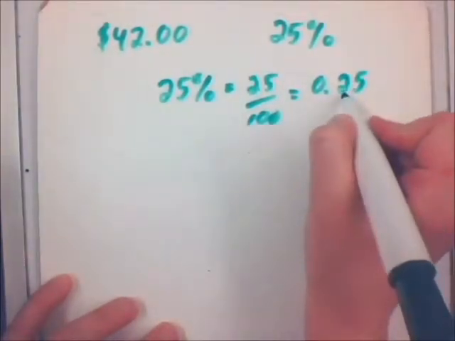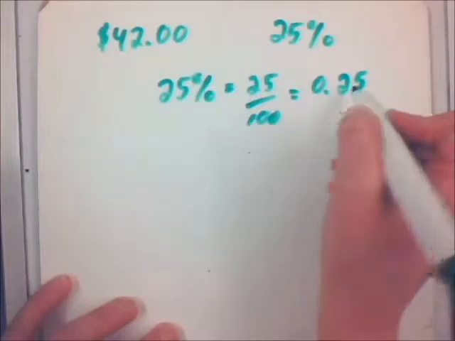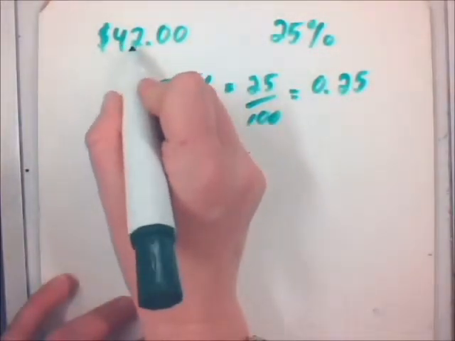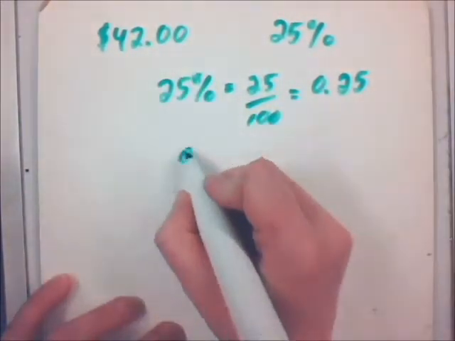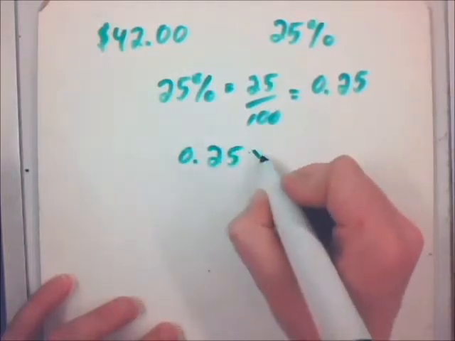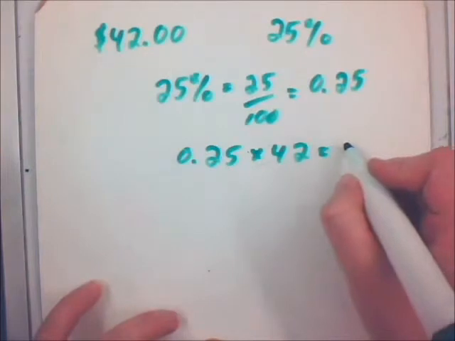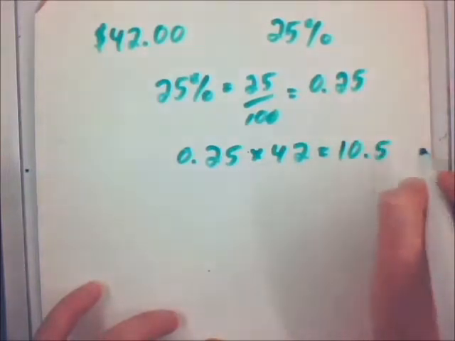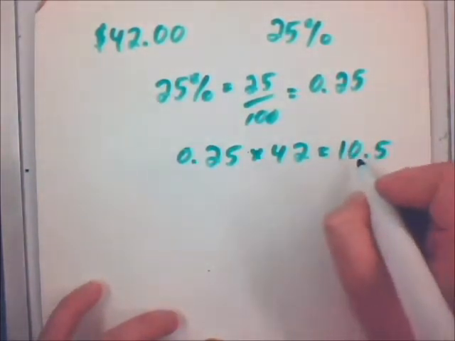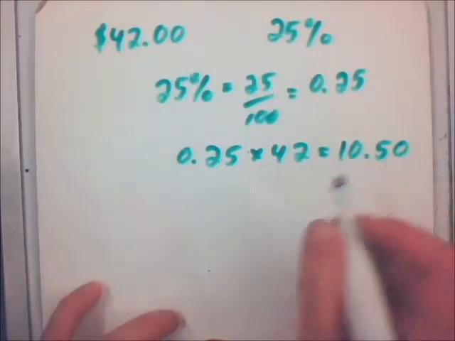But I haven't found my answer yet. Now I have to take that decimal and multiply it by the original cost of the shirt, which is $42. My answer is 10.5, which in dollar terms would be $10.50.